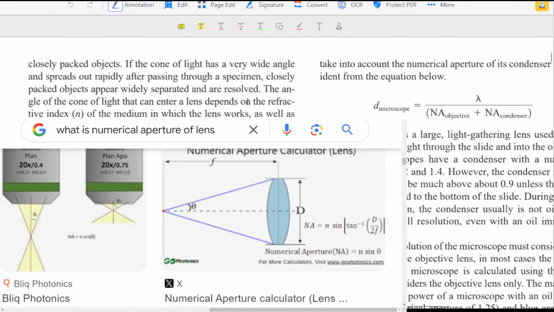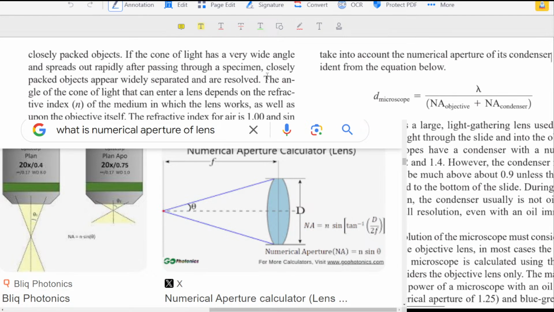Alright, so what happens then? The angle of the cone of light that can enter a lens depends on the refractive index of the medium in which the lens works, right? They are saying the cone that is made depends on the refractive index of the medium, if the light is passing from the solid into air, or into liquid, or again into the solid, as well as upon the objective lens itself.